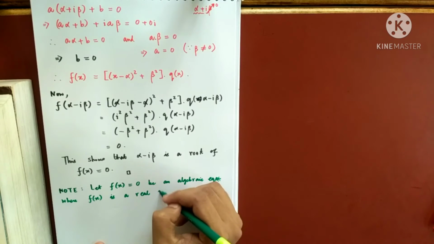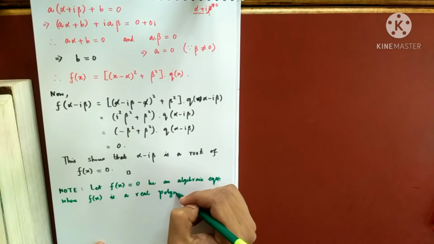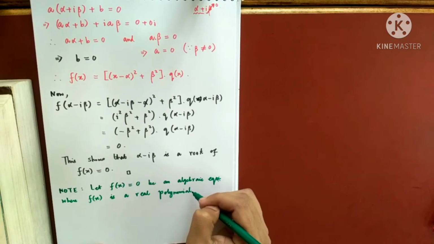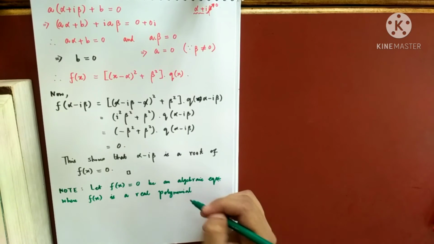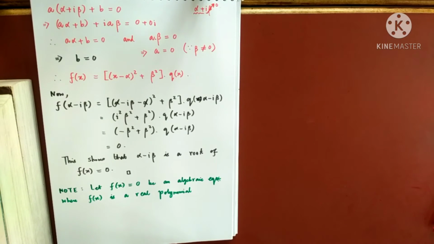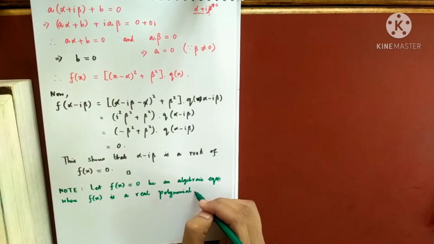So remember, this theorem only holds for polynomials with real coefficients. If the coefficients contain complex numbers, then this may not be true. You can take a quadratic having complex coefficients and solve it, and the roots may not be conjugate. You have done that in class 11.